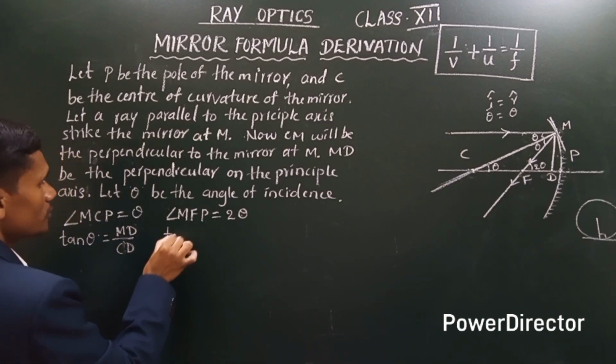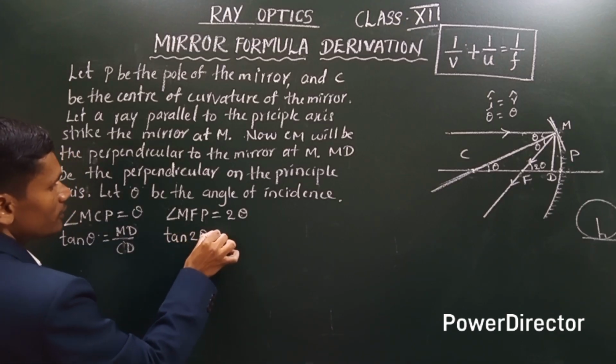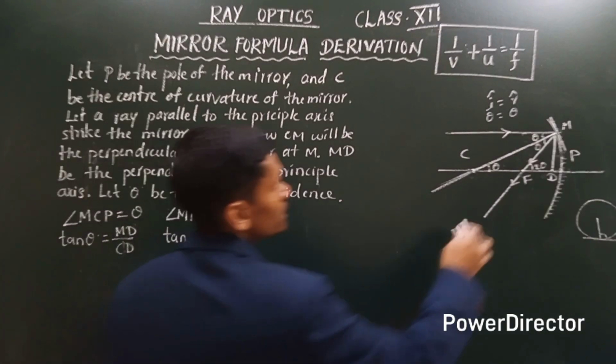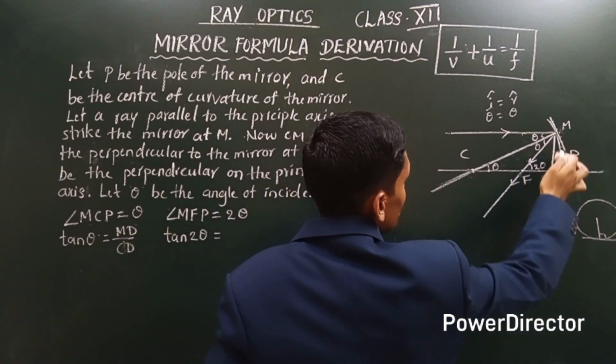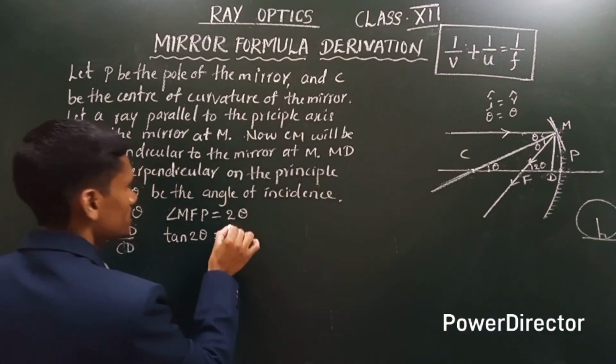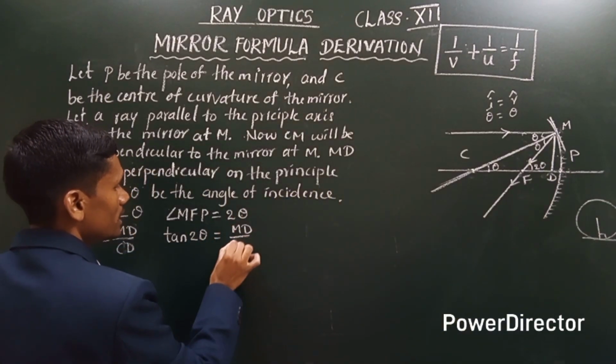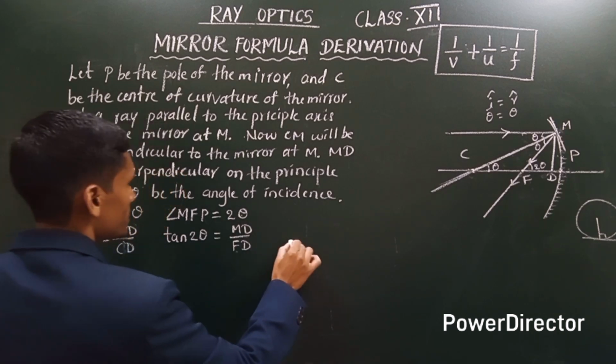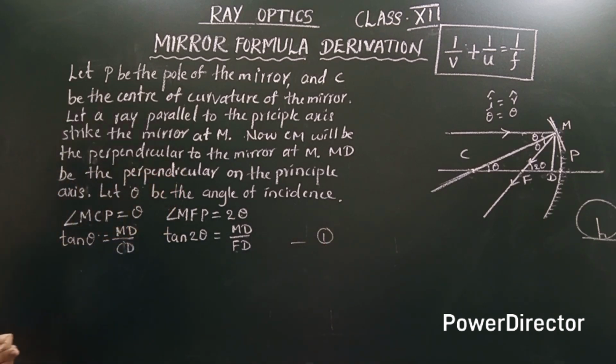Next is tan 2 theta. Tan 2 theta, if you consider, this will be equal to what? Here 2 theta. This is MD upon FD, right? Now let us call this equation 1, okay.